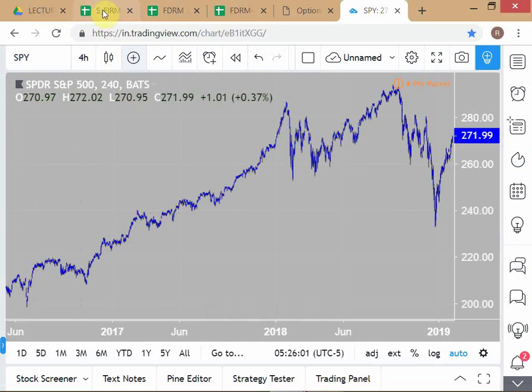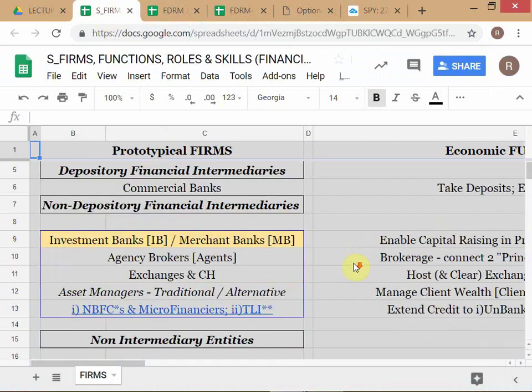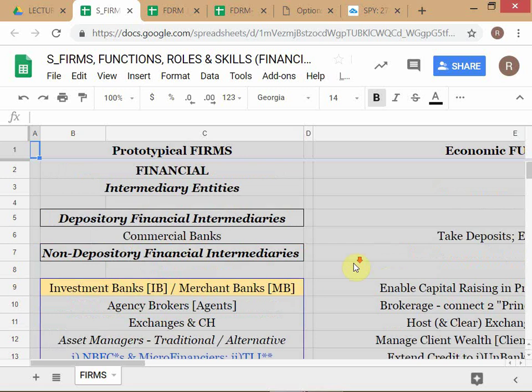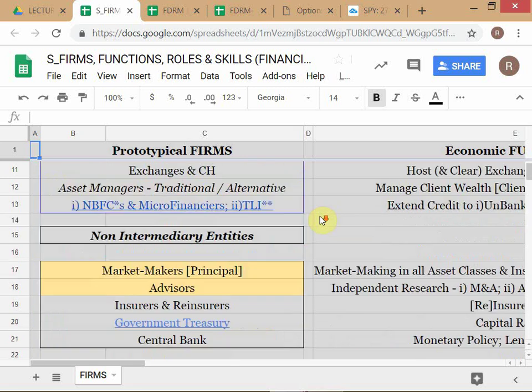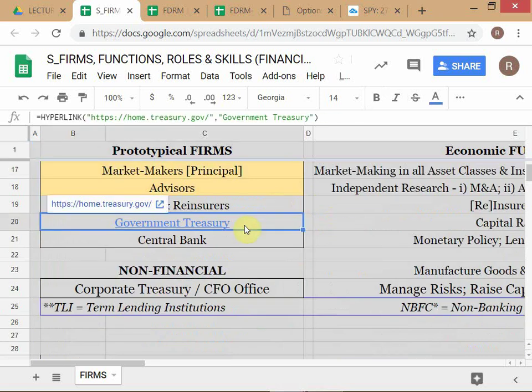Why were we discussing the government treasury? We surveyed the financial sector and covered all of that, then we came down to the government treasury. I've given you a link to the US Treasury webpage, and you can learn a lot from here. These are reliable sources.